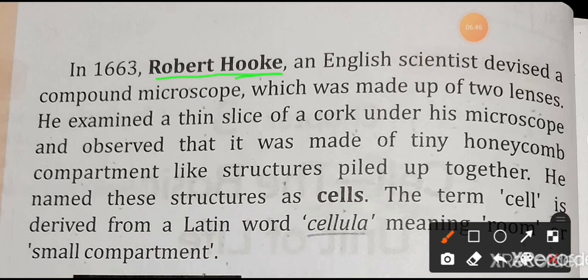Robert Hooke named these structures as cells. The term cell is derived from a Latin word, cellula, and its meaning is room or small compartments. Let's see this in the picture.